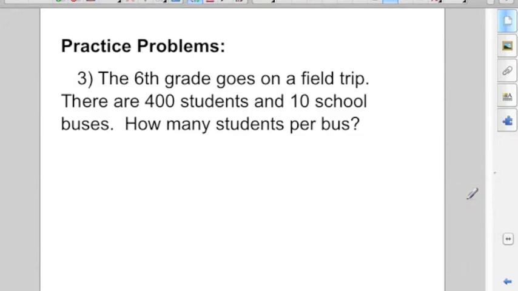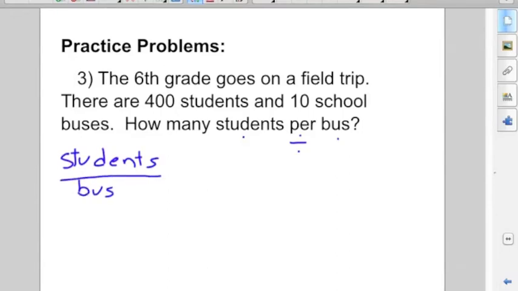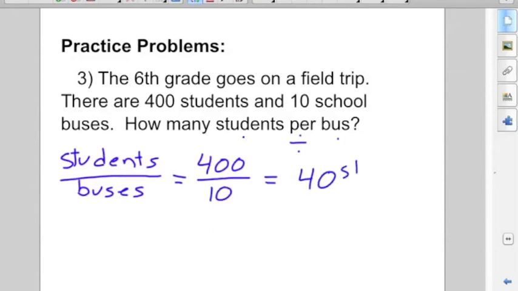Okay, students per bus. So I need to do students divided by buses, is 400 students divided by 10 buses equals 40 students per bus.